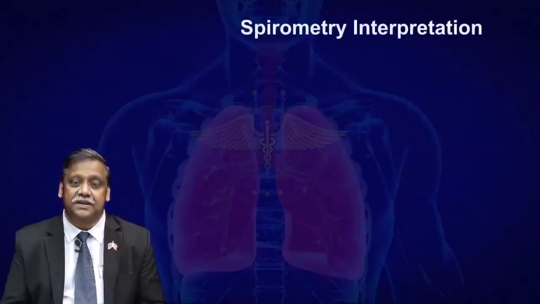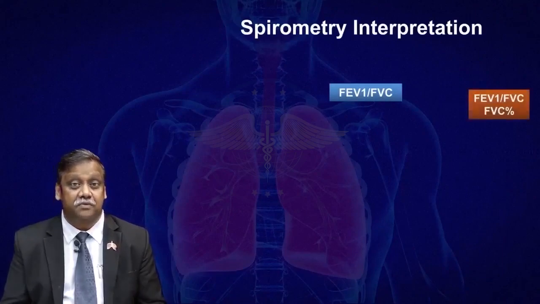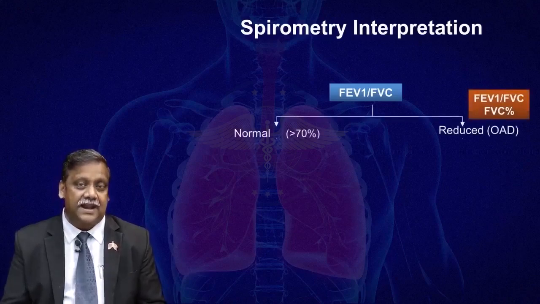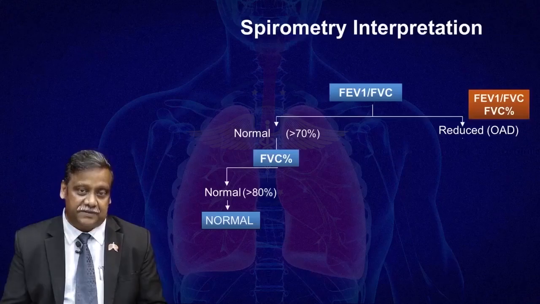Here is a simple algorithm that you can use, using the numbers of FEV1 and FVC, to categorize a patient into normal, restrictive lung disease or obstructive airway disease. If your FEV1 upon FVC ratio is more than 70% and the FVC is more than 80%, this is normal spirometry.